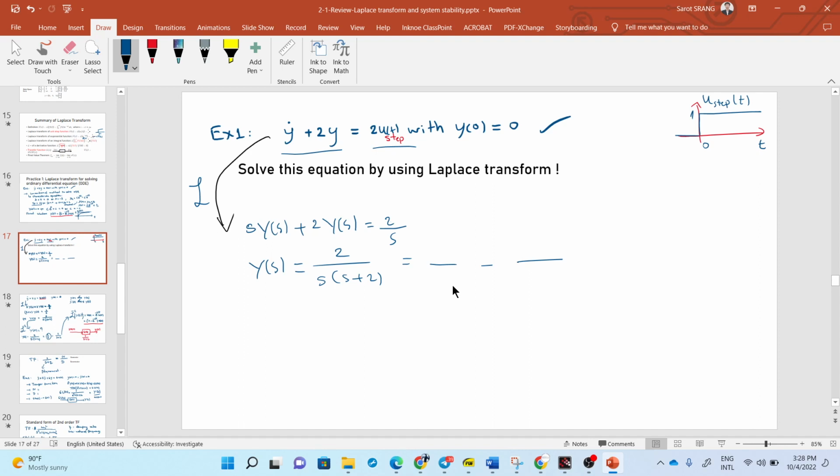Actually you just let's say A here and then B here, and then find a way to solve this equation to find A and B, right?